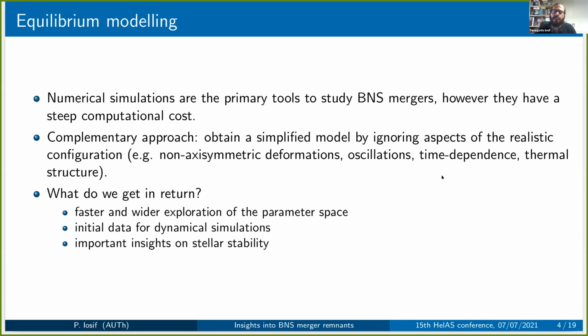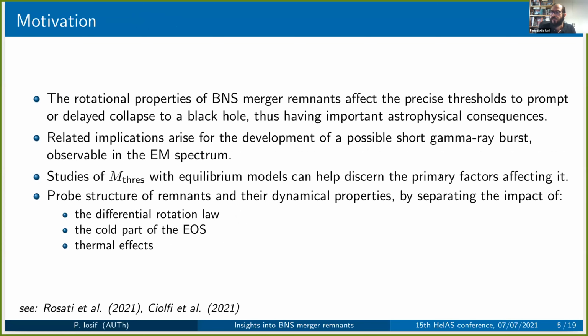In return, equilibrium modeling can provide a fast and wide exploration of the parameter space. The models that we construct can be used subsequently as initial data for dynamical simulations, and it can also give us insights on stellar stability. So this is the method that we employ in this work.